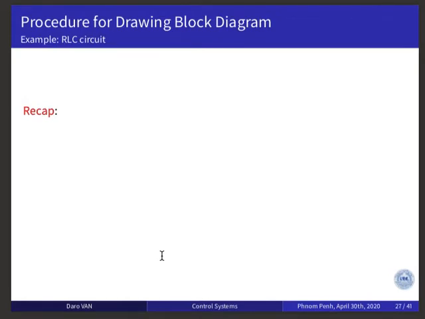Okay, let's move to the example. In this case, we'll consider an RLC circuit. Let's recap a little bit before we proceed further. For the resistor, the voltage across the resistor is just I times R. And if you want to write it in the Laplace domain, V(s) equals R I(s).